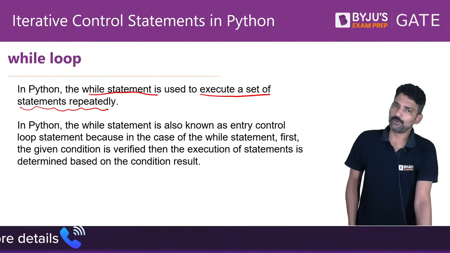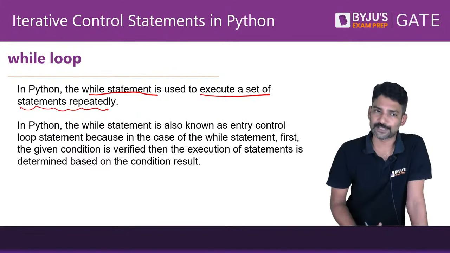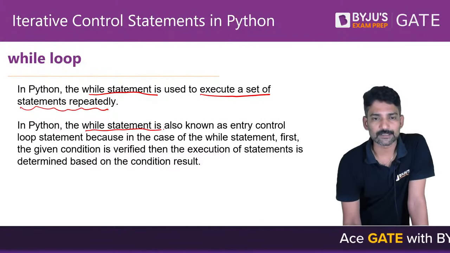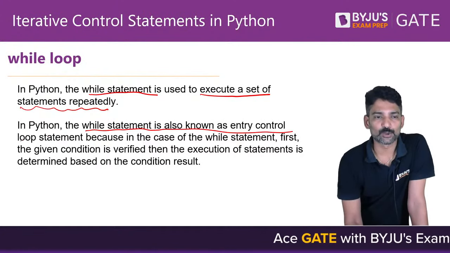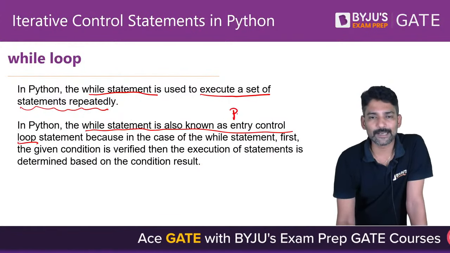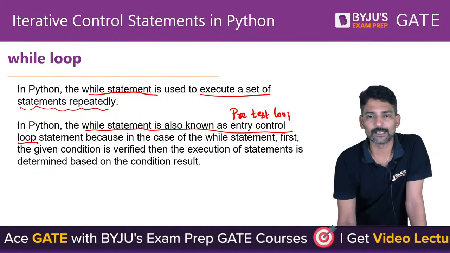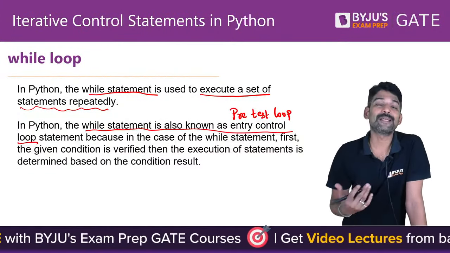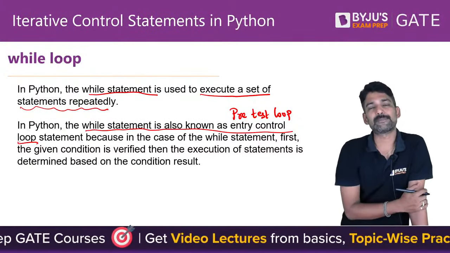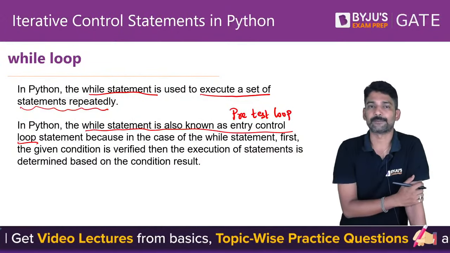However, the while loop is used to execute a set of statements repeatedly, and it is also known as an entry control loop, or pre-test loop. Before the statements get executed, the condition is verified.